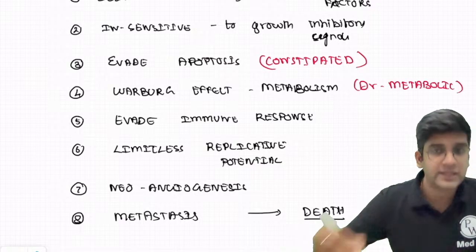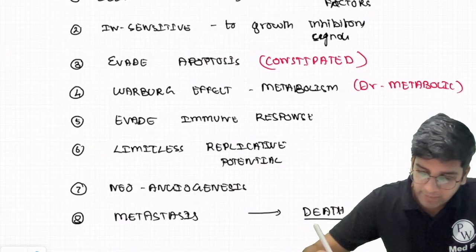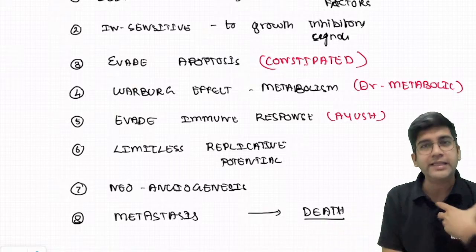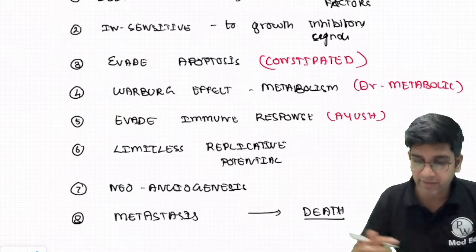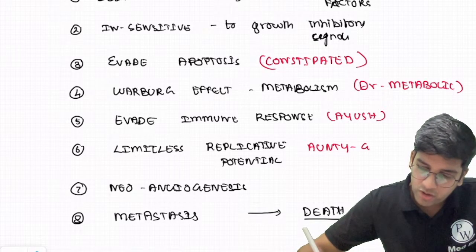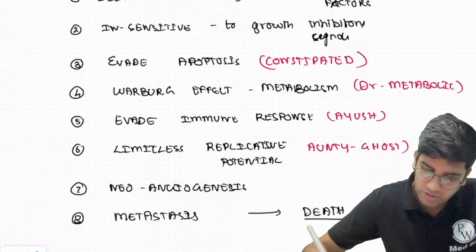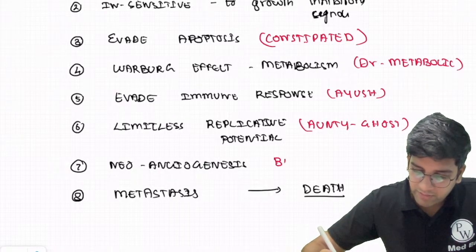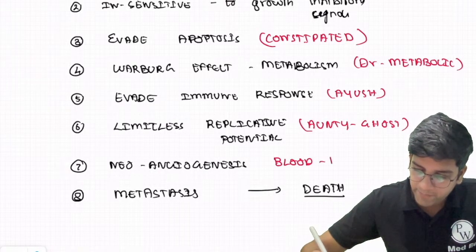So it's the metabolism of the tumor, and the evasion of immune response. I'm going to compare it to Ayush because for me, Ayush, the indigenous or first line of defense, is being evaded. Limitless replicative potential. We're going to compare it with the auntie who called the kid a ghost. Ghost grows without any limit, right? And neoangiogenesis is the blood red angry kid.